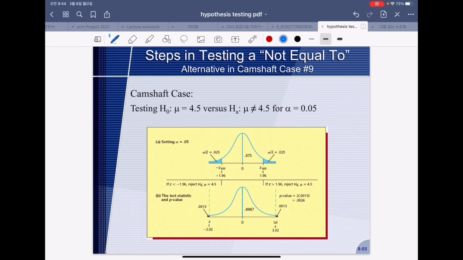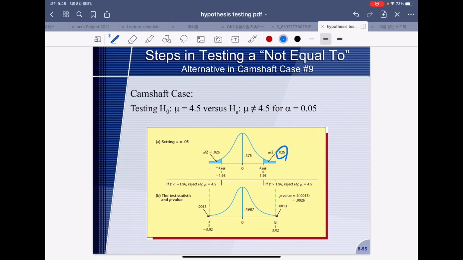So in this case, when you decide the rejection region, you have to split the alpha in half, right? So if you have alpha equal to 0.05, and you split this in two, you have 0.025 in each of the two sides, right?